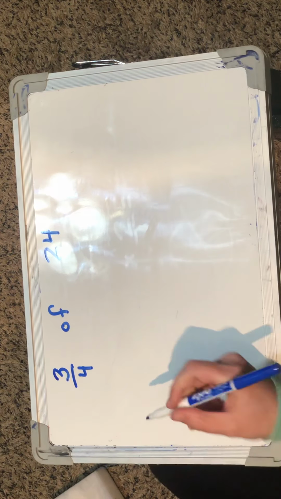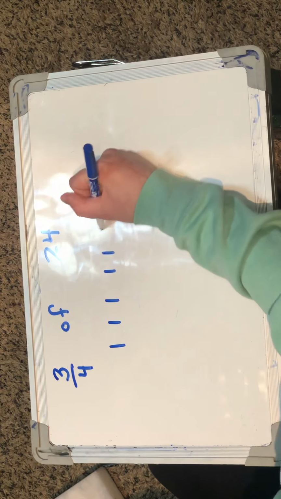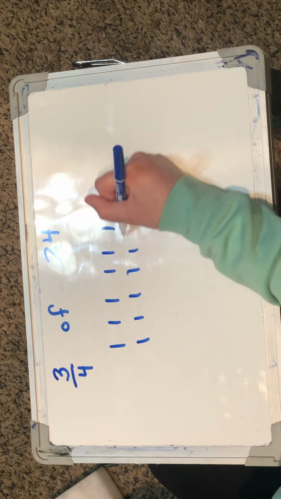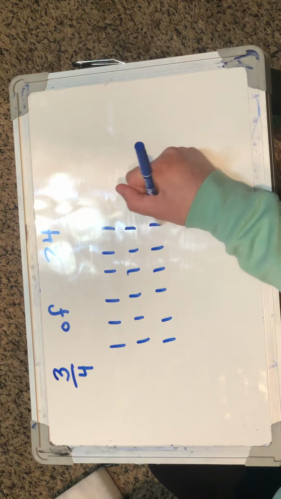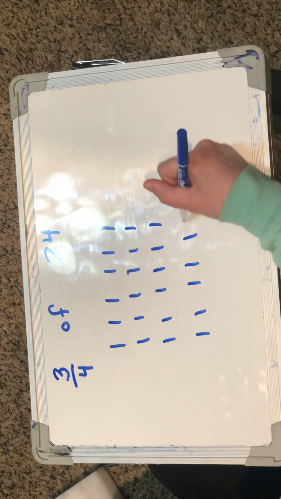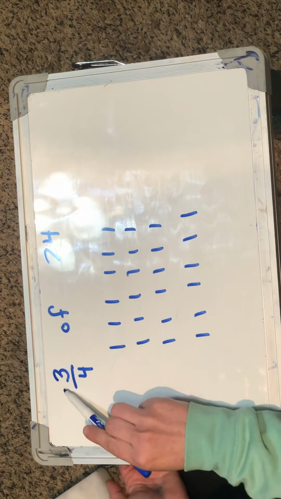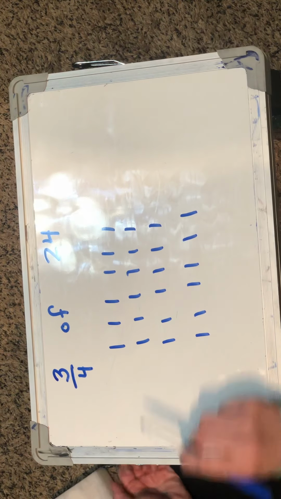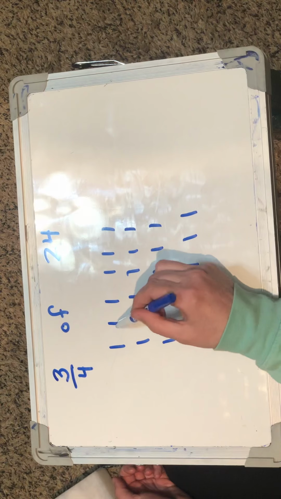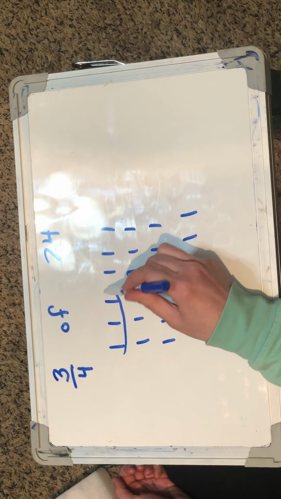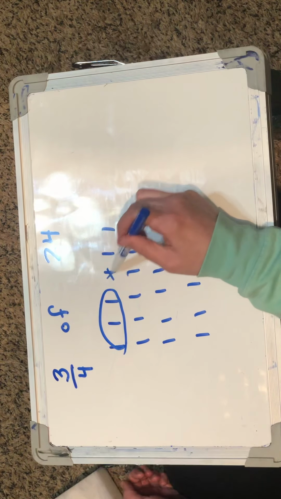Okay, so that means if I had 24 pencils, 1, 2, 3, 4, 5, 6 rows of 4. Okay, here are my 24 pencils. 3 out of every 4 are mechanical. So 1, 2, 3, 4, 3 of them are mechanical, and 1 is not.